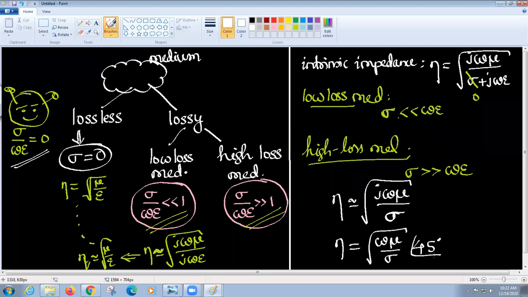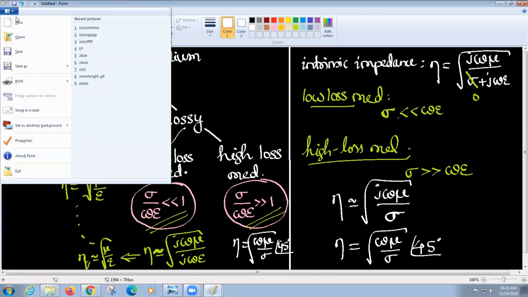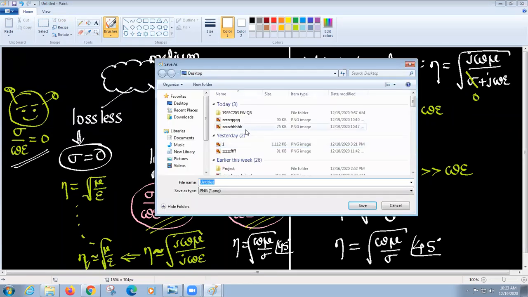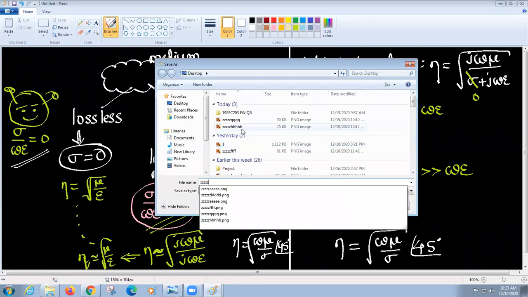Yes. Eta is equal to square root of omega mu by sigma, angle 45 degrees in high loss medium. I can write like this, right? No second thought, I can write like this, no problem. If you want to know that, you should know. I should not tell all these things.